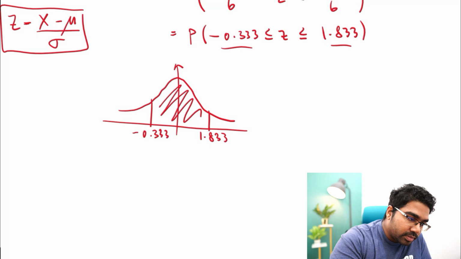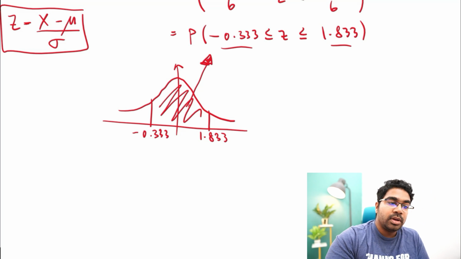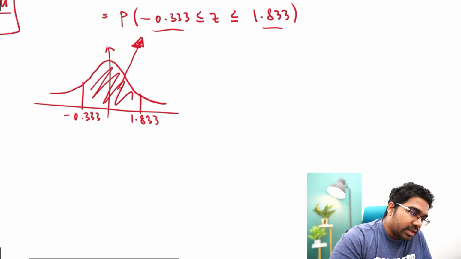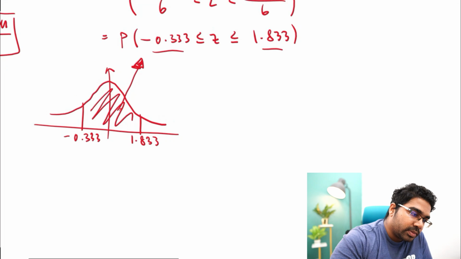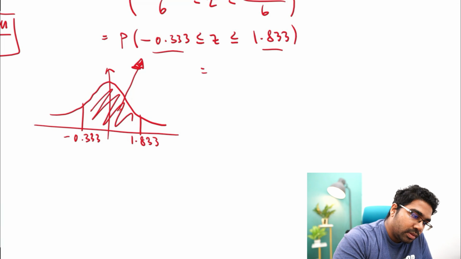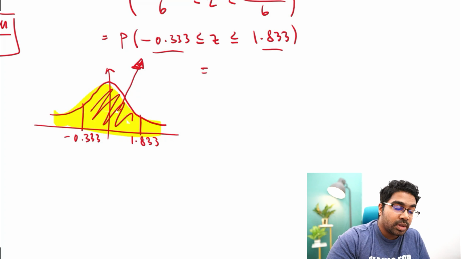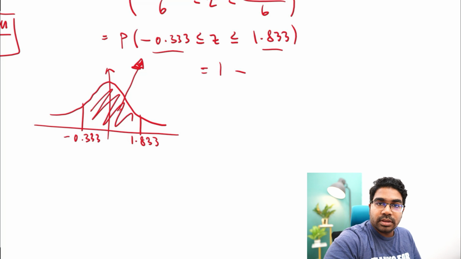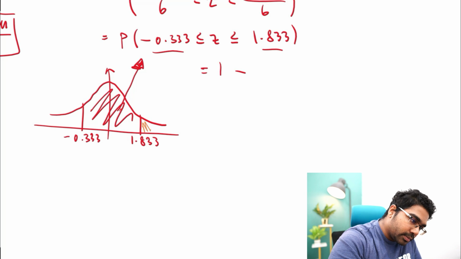Okay, so we want this area. This is the probability. Remember that the probability is the area, not the z-score. So how do we get this area? All the area under the graph is 1. So that means this will be 1 minus, now we need to remove the areas that are not involved, that is here.